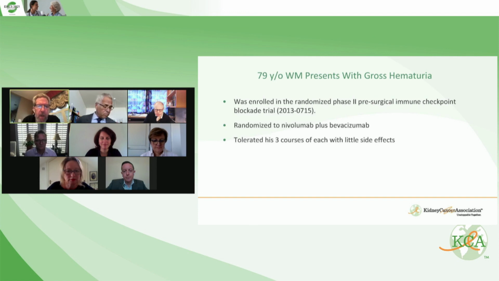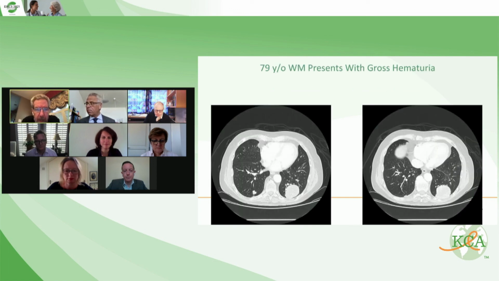And this was, of course, after a biopsy that showed that this was clear cell renal cell carcinoma. And you can see that he had some minor change in his pulmonary disease with some regression, particularly that pleural-based MET in the left thorax.